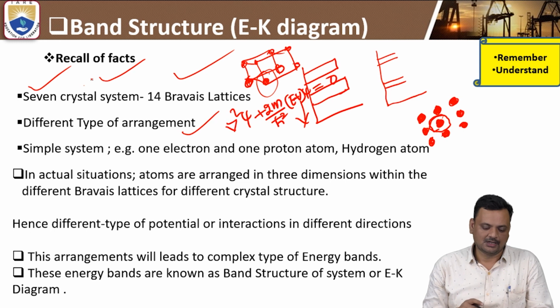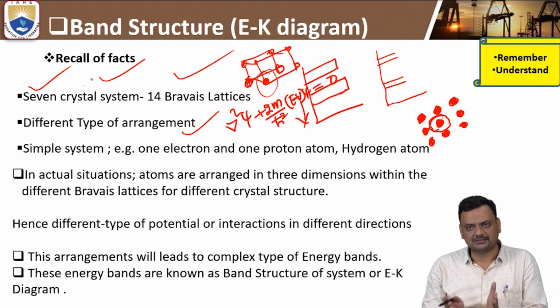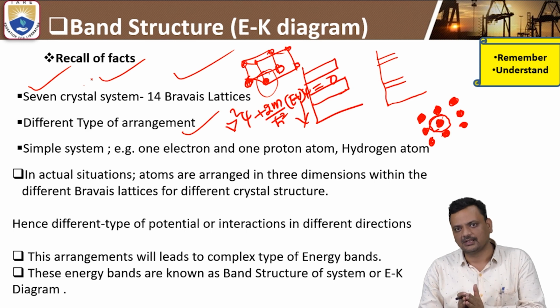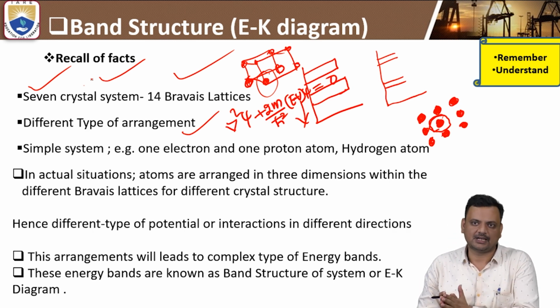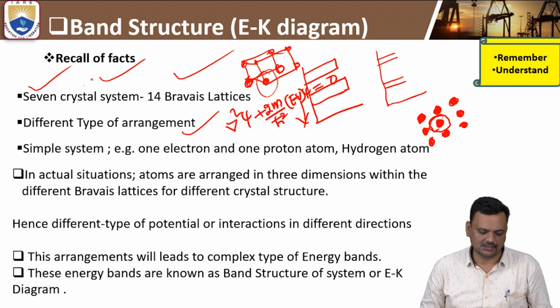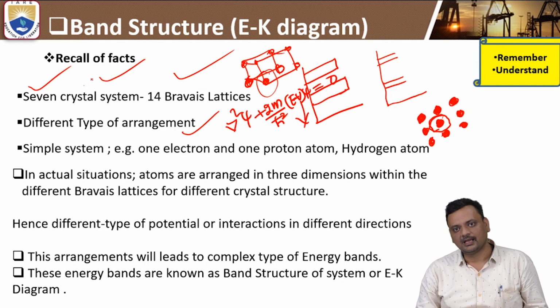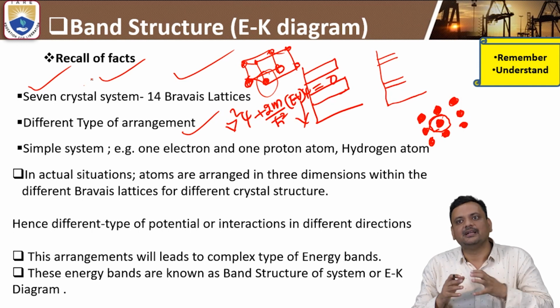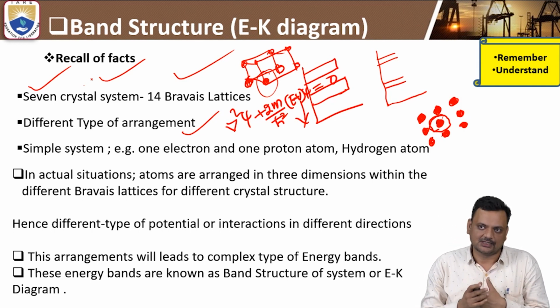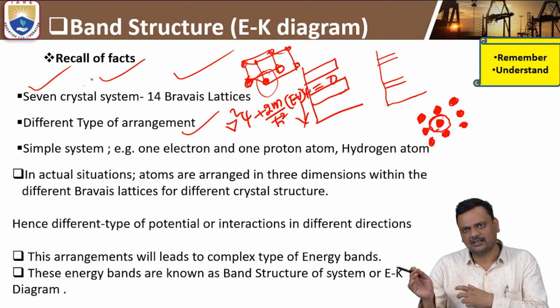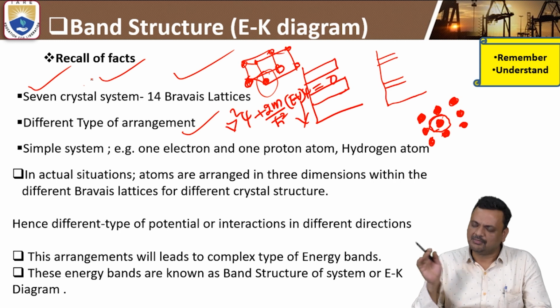Now, in actual situations, atoms are arranged in 3 dimensions within the different Bravais lattices for different crystal structures. So hence different types of potential. See what I already discussed. Different types of potential interact in different directions. So the potential will vary in every direction.